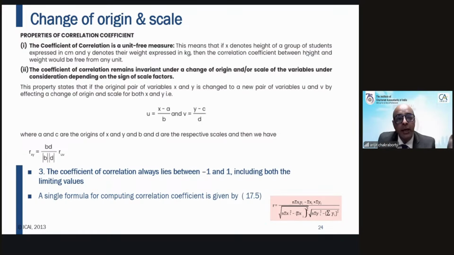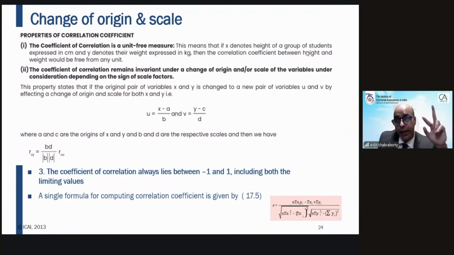So हम लोग देखेंगे कि it will depend on the sign of the scale factor. B or D अगर negative हो गया, then Rxy will be equal to minus Ruv. यानी X और Y का correlation coefficient will be equal to negative of U and V. मतलब B और D अगर negative हो गया, scale अगर negative हो गया, then the correlation between U and V, the sign will change.